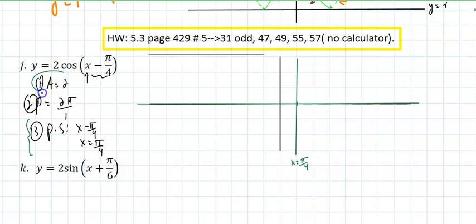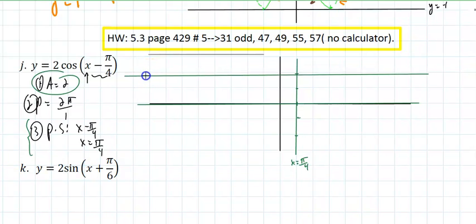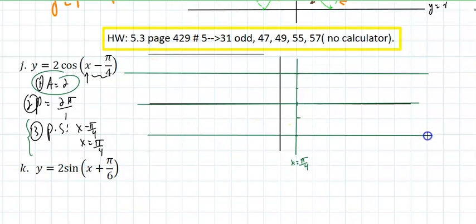From here I'm going to move my amplitude, so 2 units above and 2 units below, and I label that clearly. And this is y equals 2 and y equals negative 2.